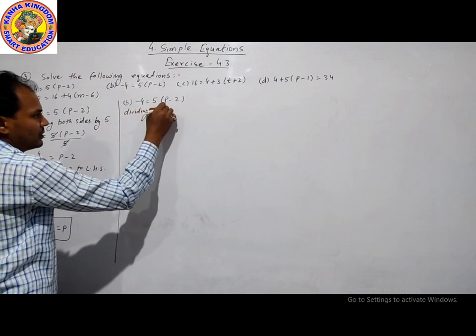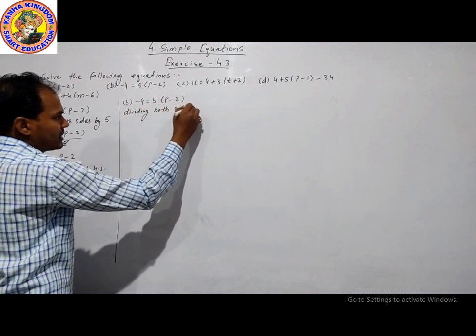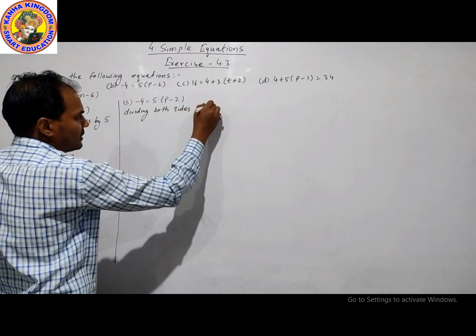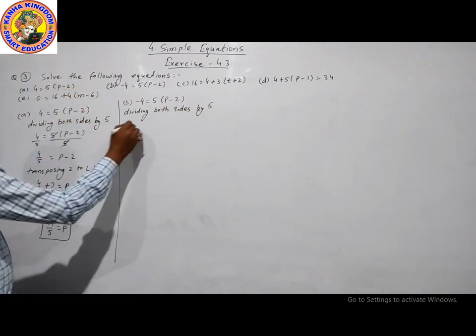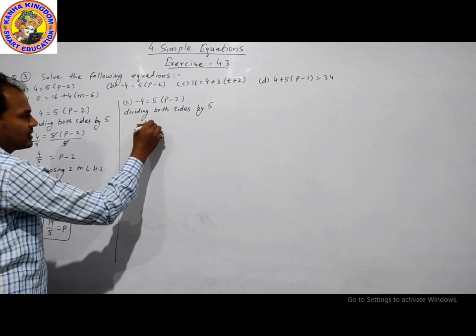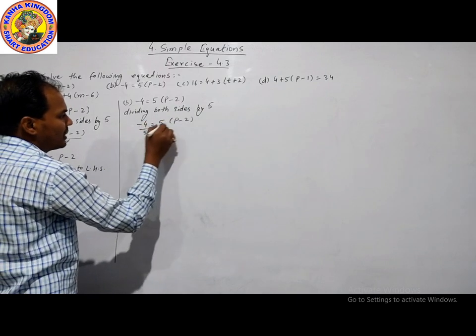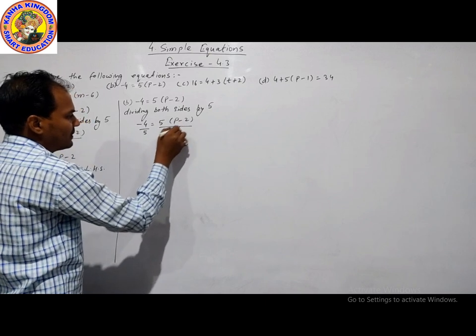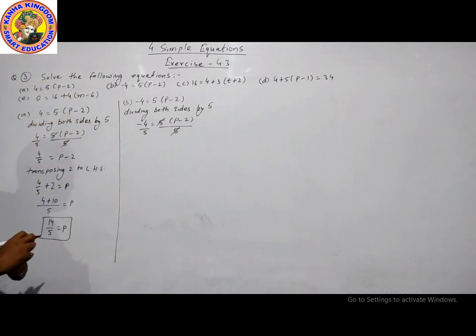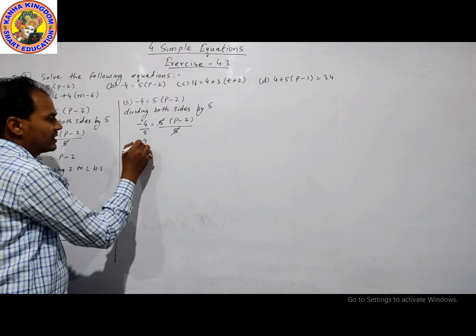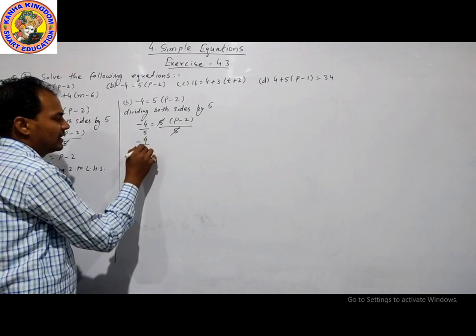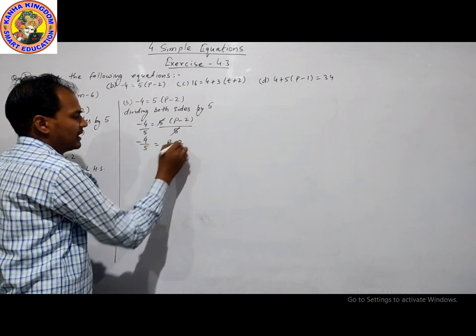Dividing both sides by 5. The equation is minus 4 is equal to 5 (p minus 2), divide by 5 and divide by 5. 5 and 5 will be cancelled. So the equation is minus 4 by 5 is equal to p minus 2.